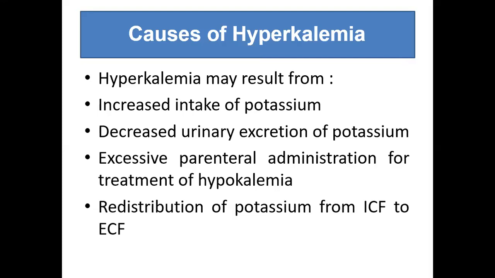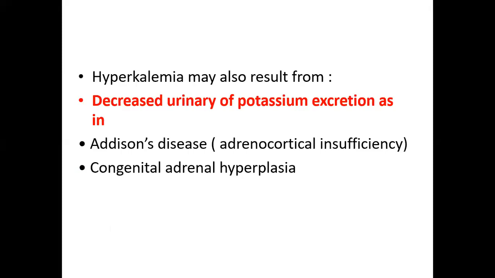Now, what will be the causes of hyperkalemia? It may be due to increased intake of potassium, decreased urinary excretion of potassium, or excessive administration of potassium when we are treating hypokalemia. Apart from it, redistribution of potassium from ICF to ECF may also cause hyperkalemia.